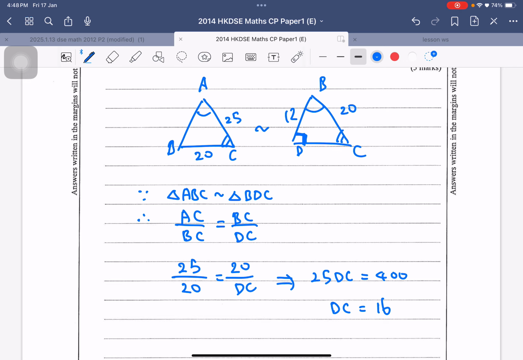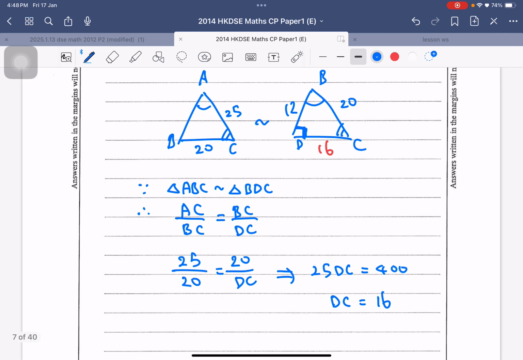So now, back to you, John Woo. Now we have DC is equal to 16, isn't it? So now we try to consider, we can write it here, if A squared plus B squared equal to C squared, then the angle is equal to 90 degrees, isn't it?